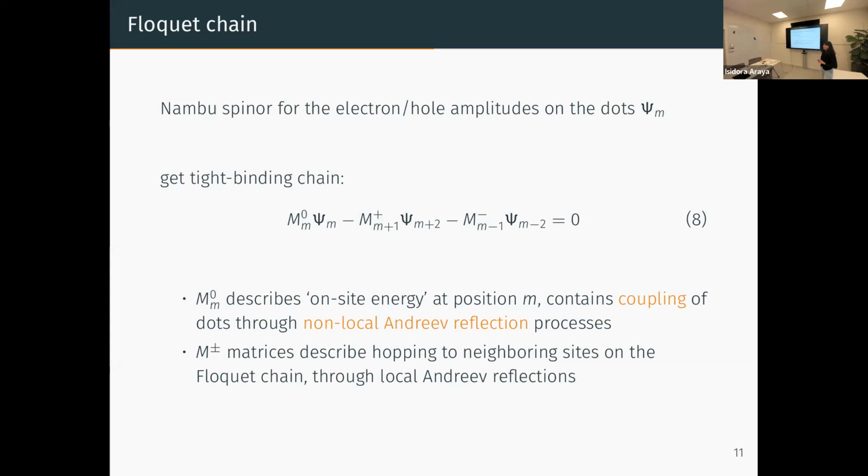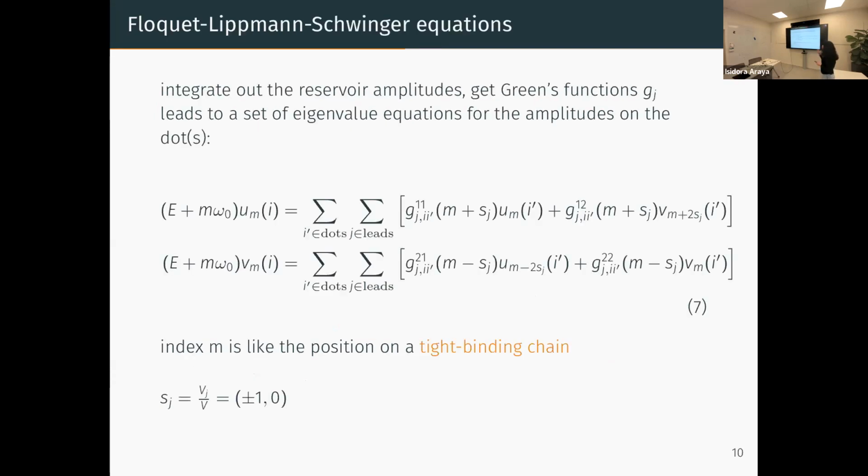What are the superscripts? Are these the contour ordered Green's functions, or what are 1, 1, 1? The G. Yeah, so J is just which superconductor it is. And then we have Green's functions that are local, so that they are directly like local Andreev reflections, let's say.